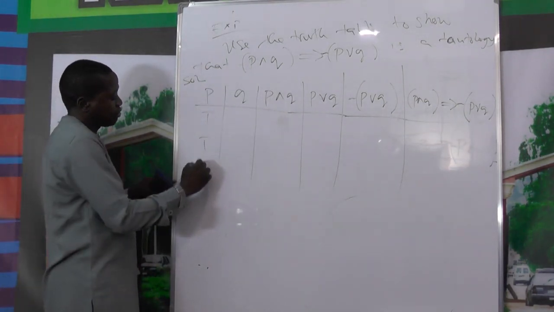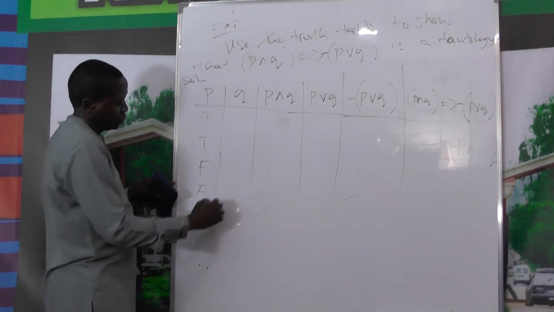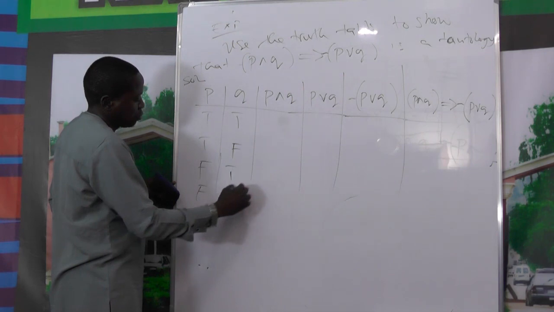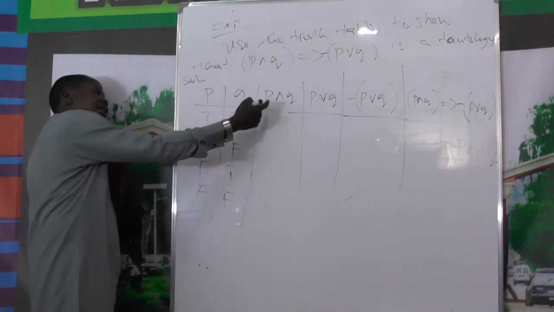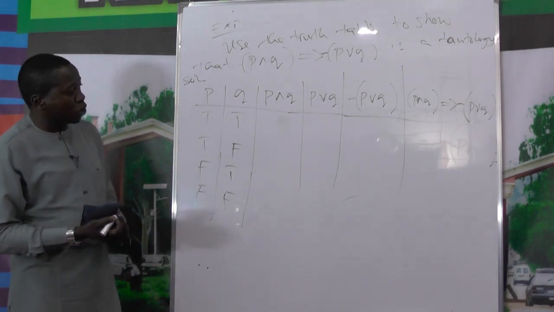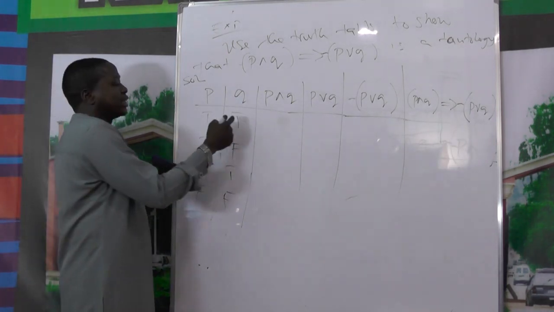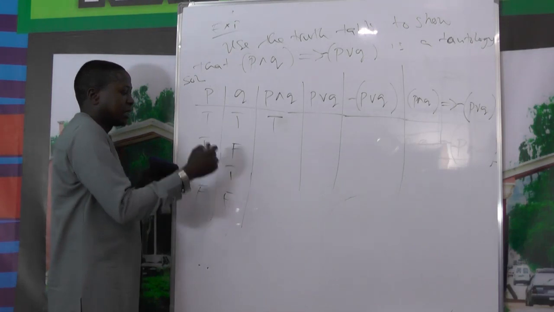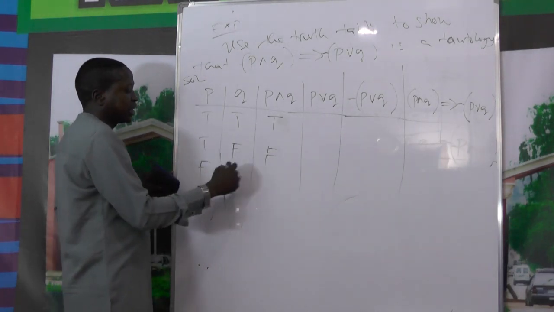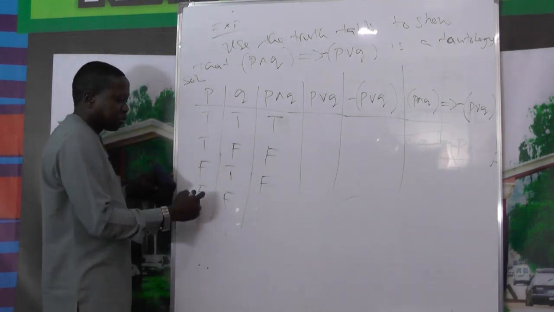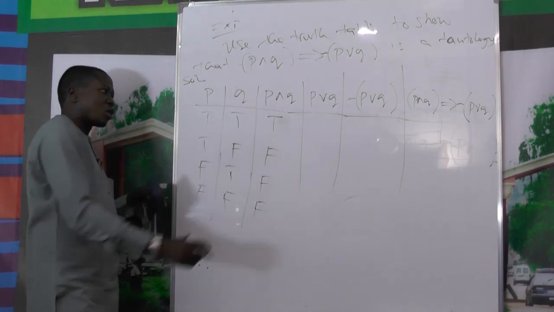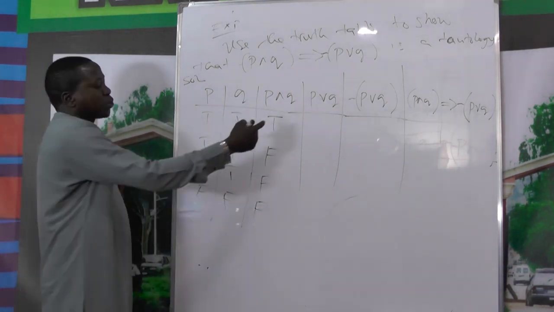T, T, F, F. T, F, T, F. For this one, I believe you remember the rule of and. T and T, I have T. T and false, I have false. False and T, I have false. False and false, I have false. That is the rule for conjunction.